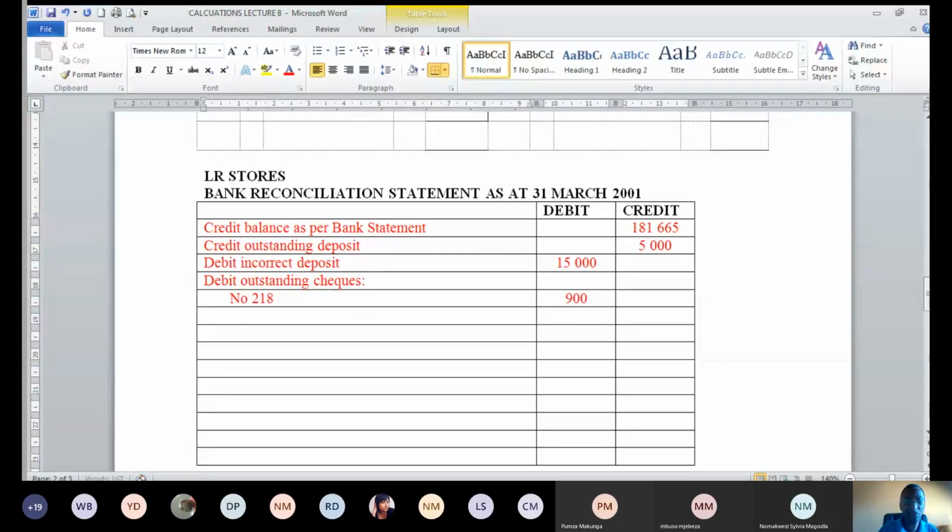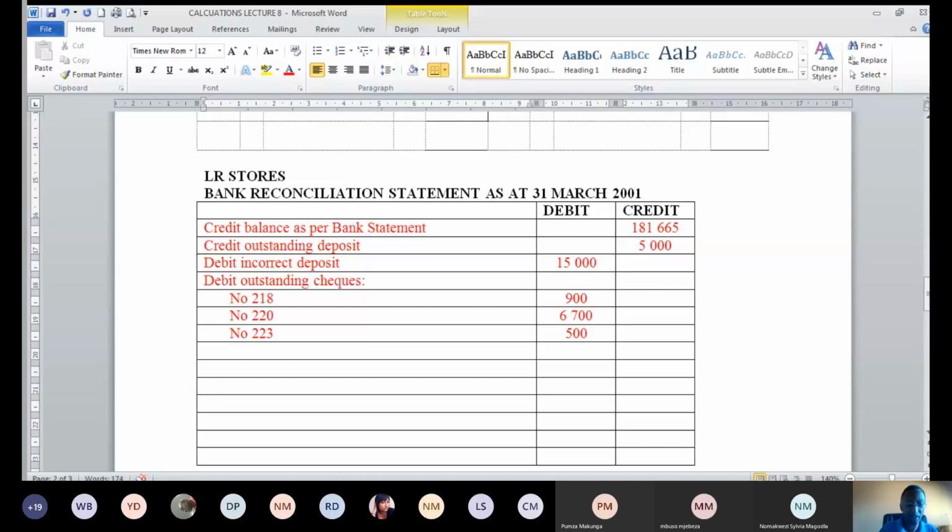The next outstanding check, remember we identified 4 outstanding checks, is number 220 to the amount of 6,700 Rand. The next outstanding check we have identified to be check number 223, and the value of check number 223 is 500 Rand.